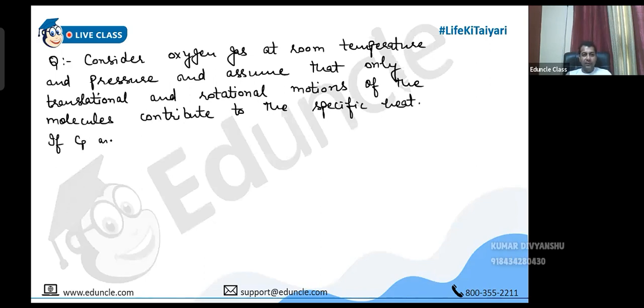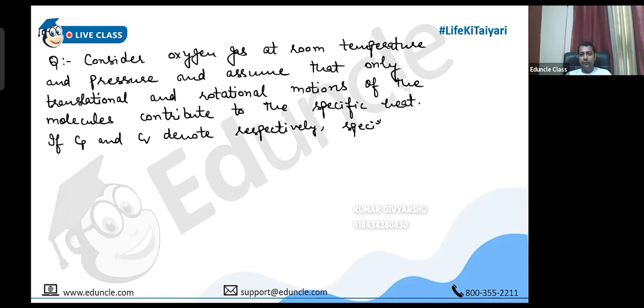If Cp and Cv denote respectively the specific heats at constant pressure and volume.